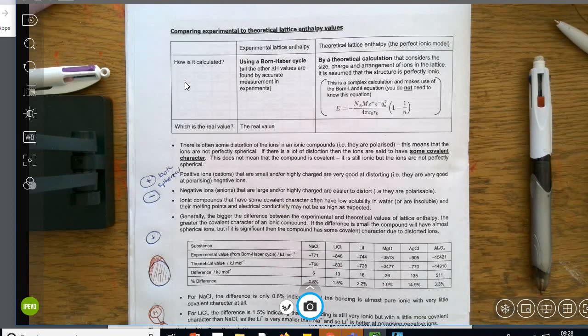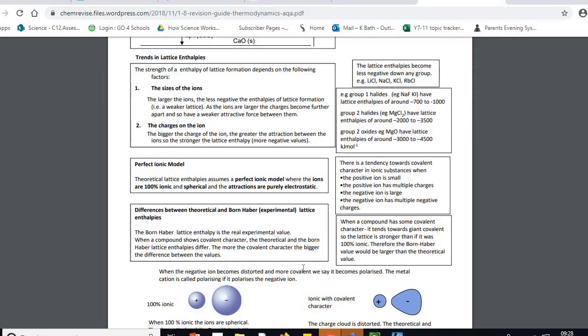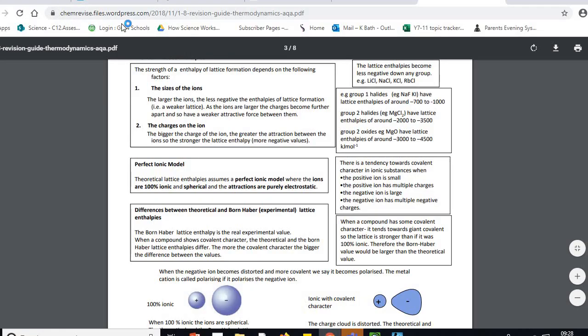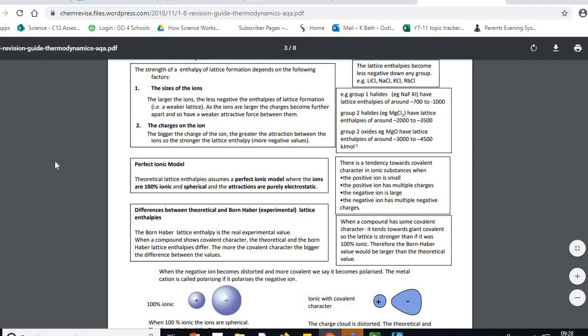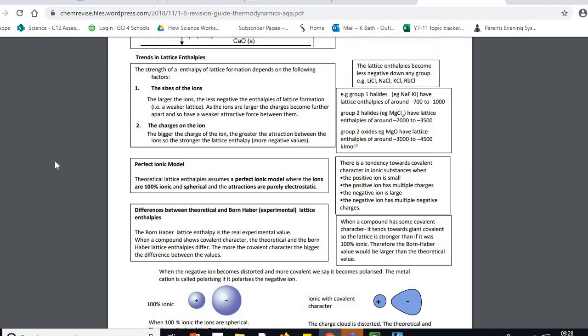So what I'm actually going to do is go back to the web page in this case, and this is from the ChemRevise website. It's the thermodynamics revision topic on this, and it's telling us some of the properties of the ions and how they affect the lattice enthalpy. So for a lattice to be formed, the positive and negative charges have to attract each other electrostatically.